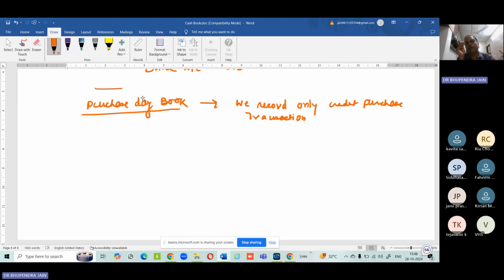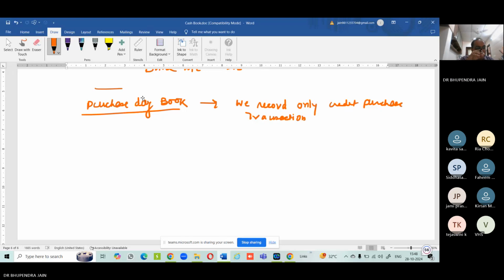But in case of a credit purchase transaction, we prepare the purchase day book. It follows that cash purchases and purchases of things other than goods are not recorded in the purchase day book. Periodically, the totals of the purchase day book are posted to the purchase account in the ledger.